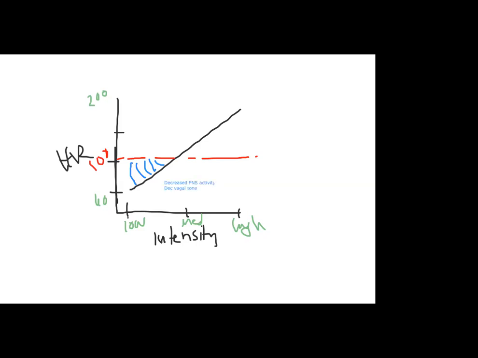Okay. The increases up here, above 100 beats per minute, would be due to increased sympathetic nervous system activity, specifically through the sympathetic cardiac nerve and epinephrine.